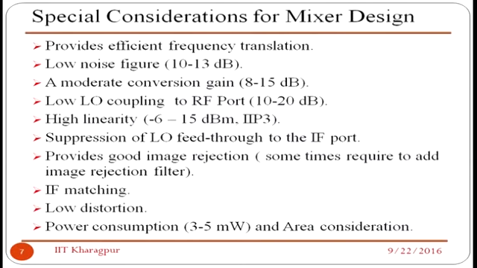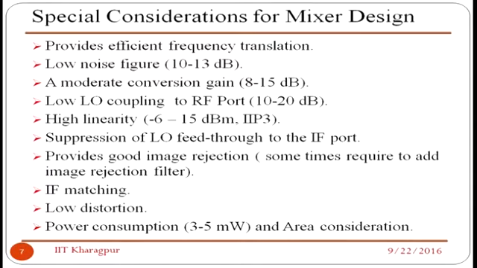So let's start with this consideration. Any design should start with some almost vague but little bit of a picture in mind of what you want. It should give an efficient frequency translation, that means spectral purity, and low noise figure.